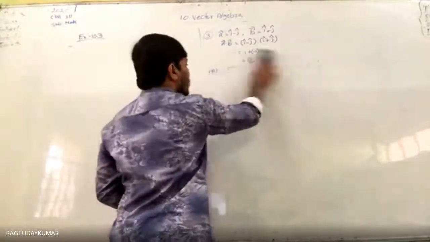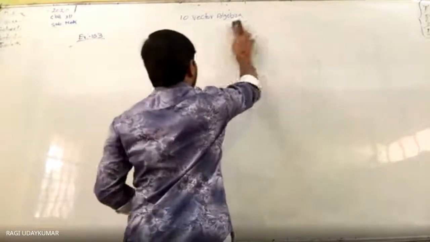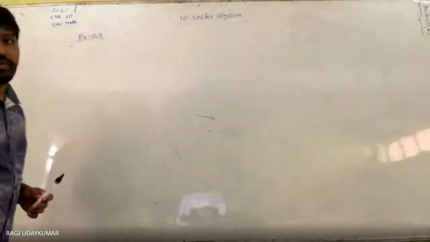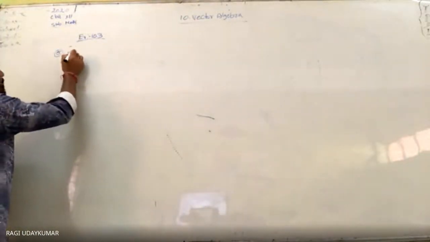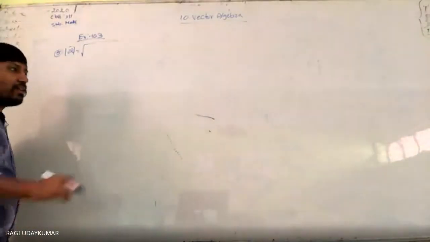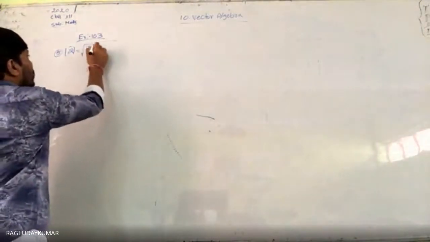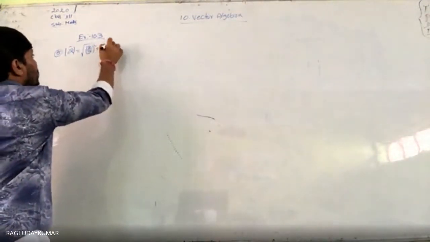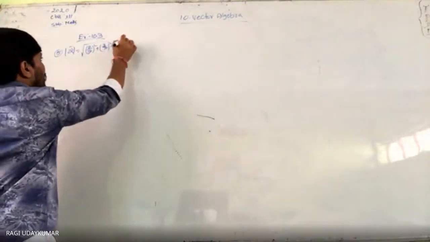So each vector is mutually perpendicular to the other vector. The three vectors: A is given to you as one vector, B vector is given as another vector, and C vector is given as another. Find their magnitudes. So magnitude of A bar is equal to under root of 2 by 7 whole square, 3 by 7 whole square, plus 4 by 7 whole square.